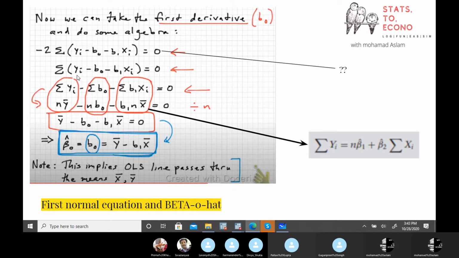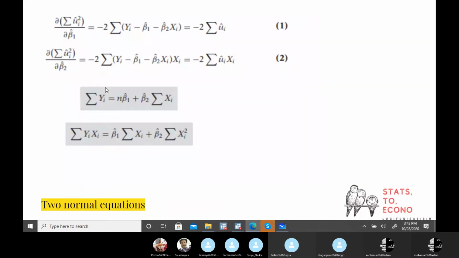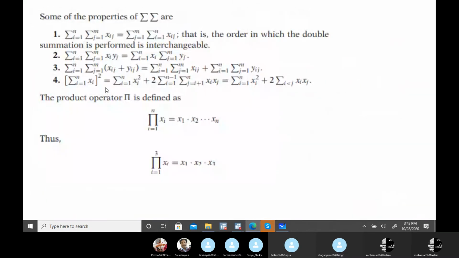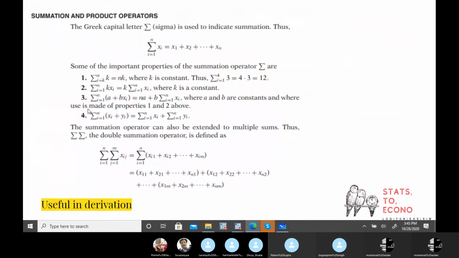Now you have to open the brackets. The first is the variable, so with the summation it remains the same. Second, it's a constant, and a constant with summation is n times the constant. This is a property of summation: a constant inside a summation is the constant multiplied by n.